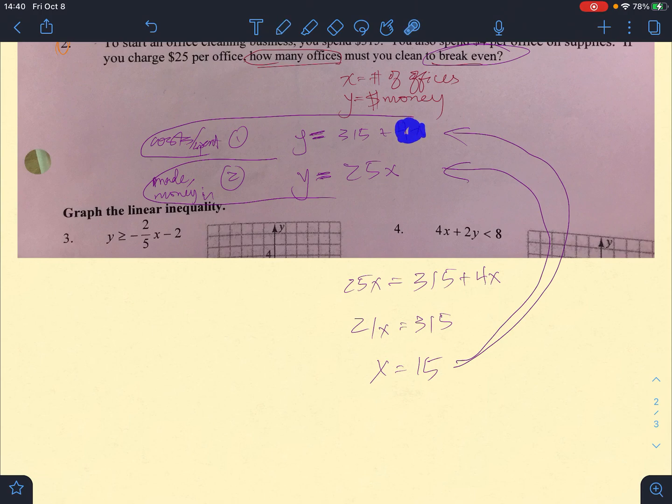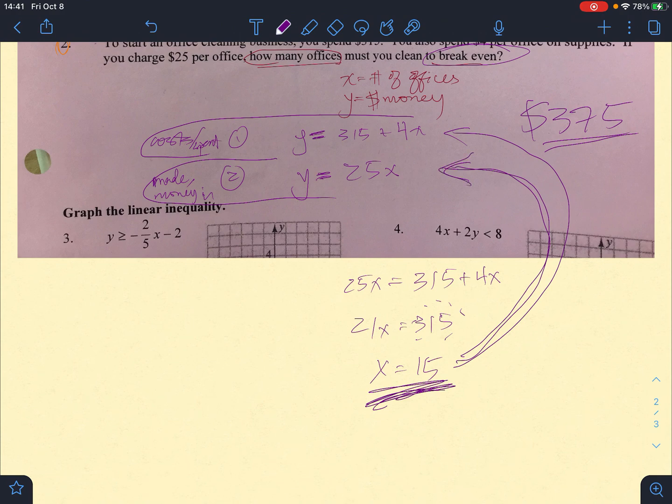15 times 4, that's 60. Plus 315, that's 375. That's how much we have to spend if we cleaned 15 offices. And in terms of money we make, we do 25 times 15. I'm sorry, we don't have that number already, so we plug it in here: $25 per office and 15 offices. 25 times 15 is 375.